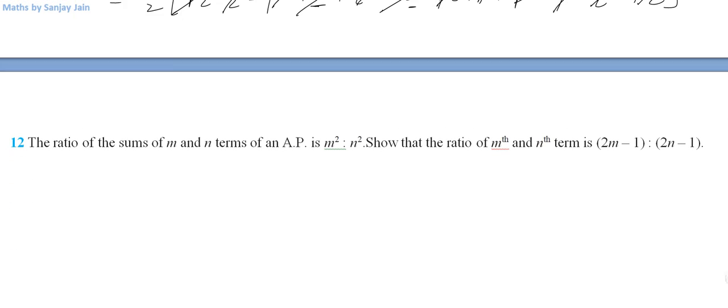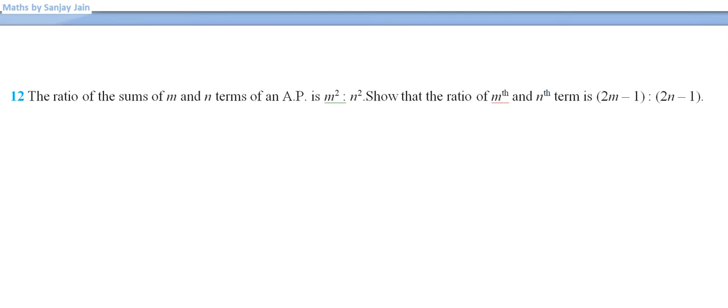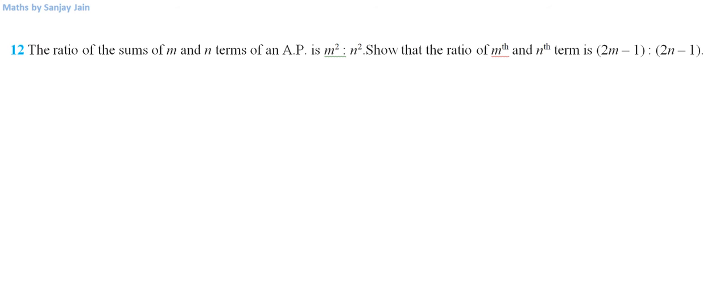The ratio of sums of m and n terms of an AP is equal to m squared by n squared. Show that the ratio of the mth and nth term is equal to 2m minus 1 and 2n minus 1. That is, sum of first m terms by sum of first n terms is given equal to m squared by n squared.